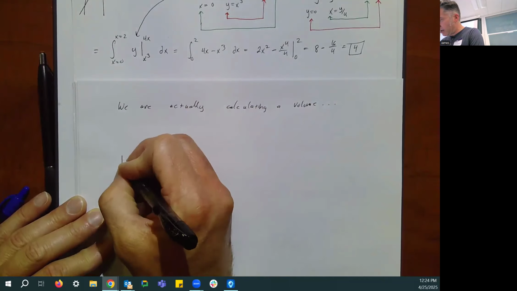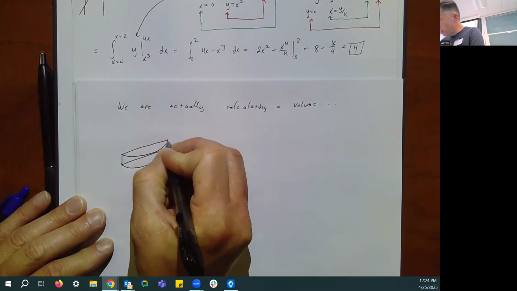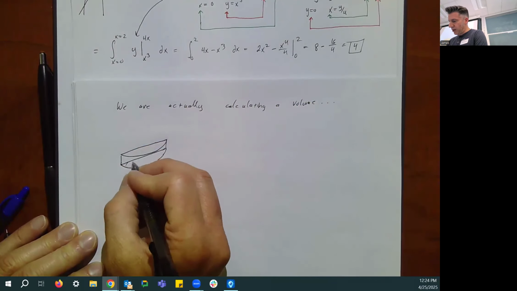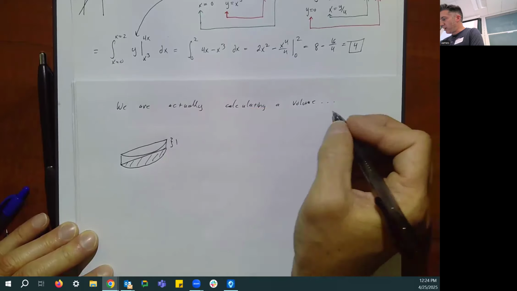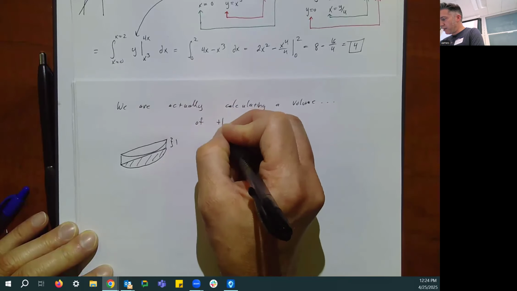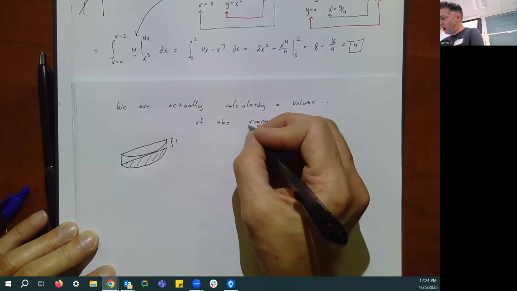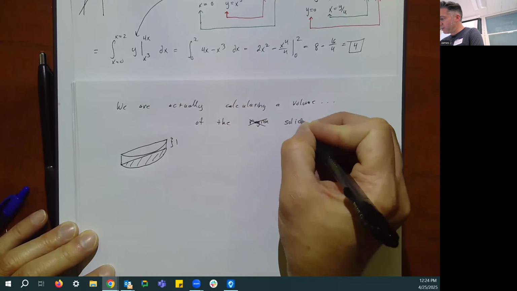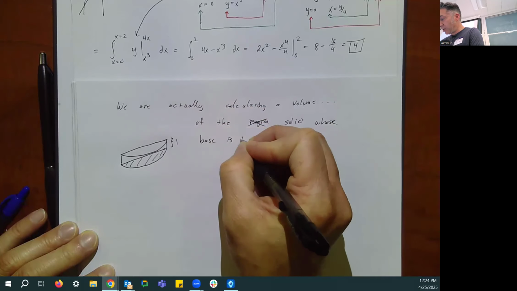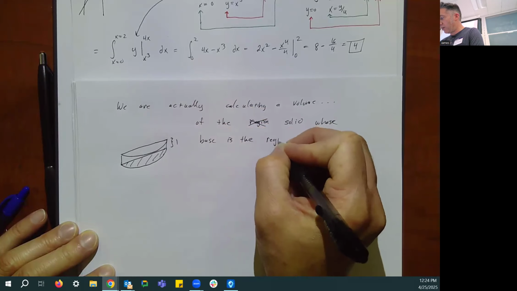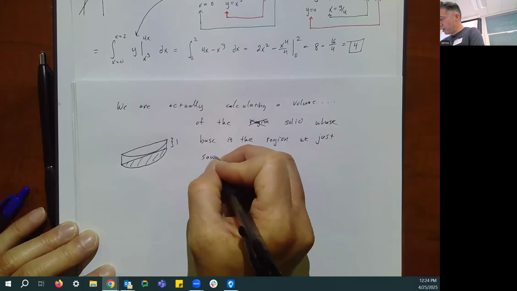And then the idea is that it just has a height of 1. So this thing here, that was our area, has a height of 1. We're calculating the volume of the solid whose base is the region we just calculated the area for, and whose height is 1.